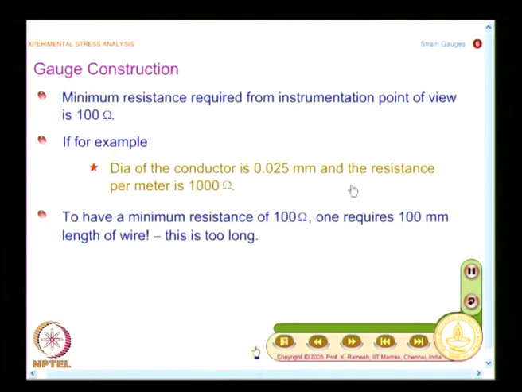And also take for example, the resistance per meter is about 1000 ohms. If you have to meet this requirement of 100 ohms, one requires 100 millimeter length of wire.